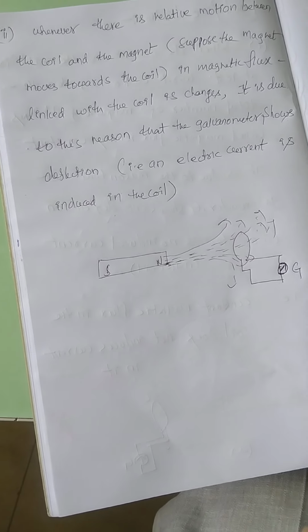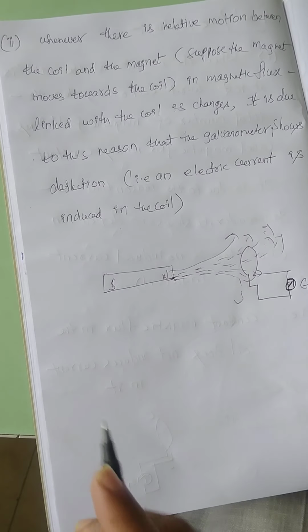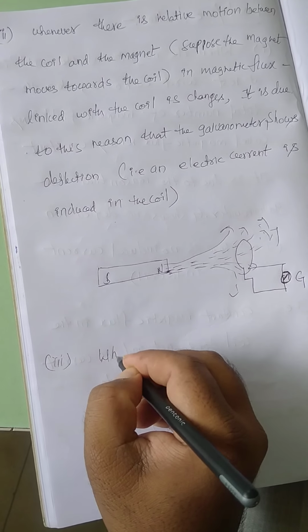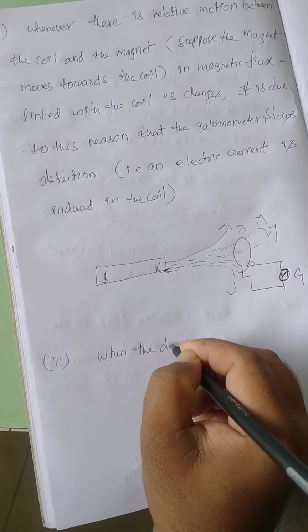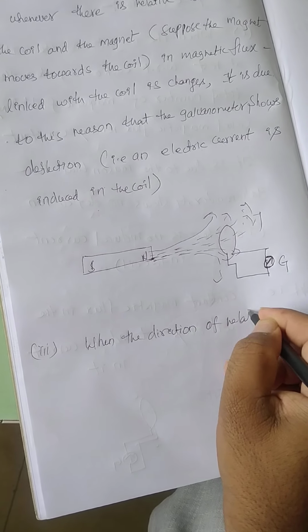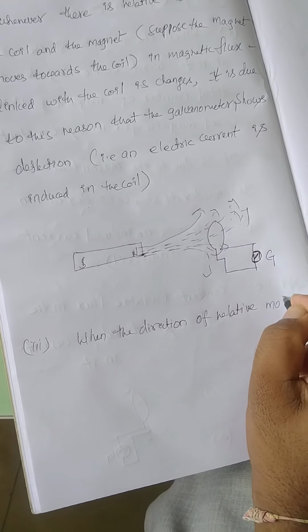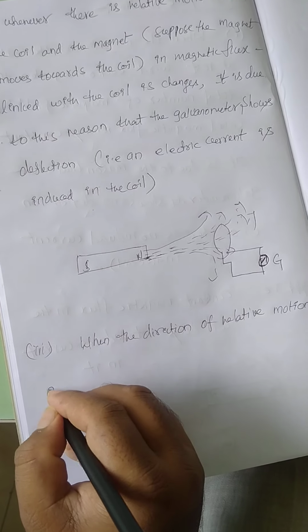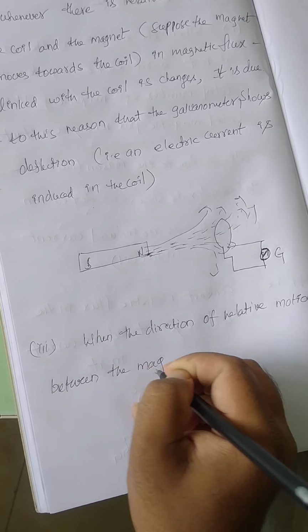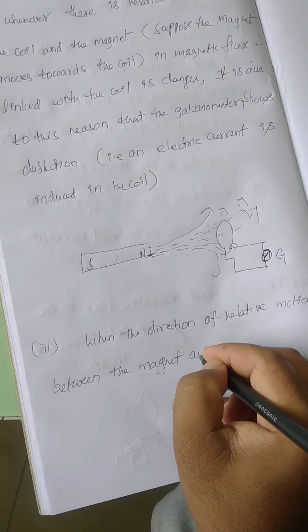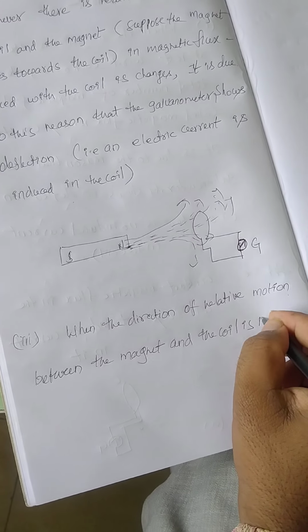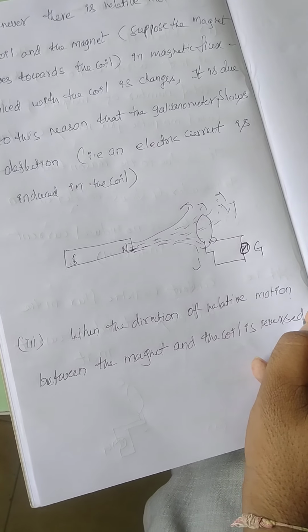But in the last class we did not take these magnetic field lines. See, third point here: when the direction of relative motion between the magnet and the coil is reversed, what happens?